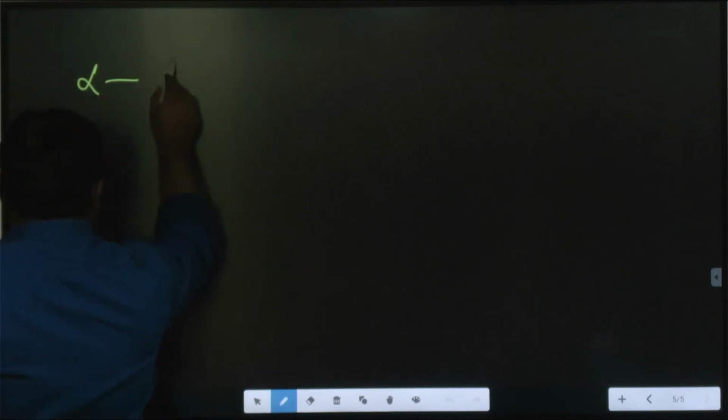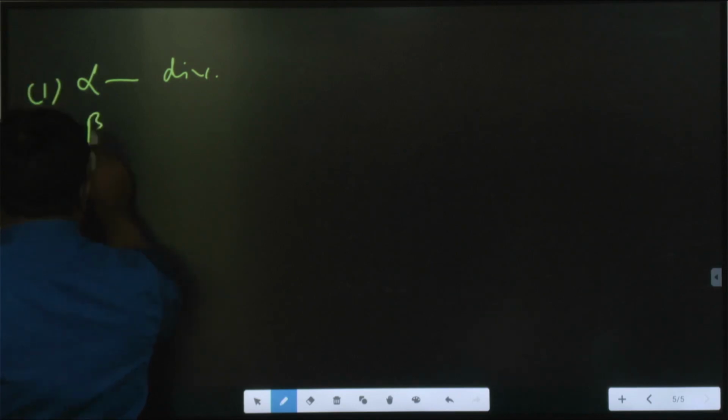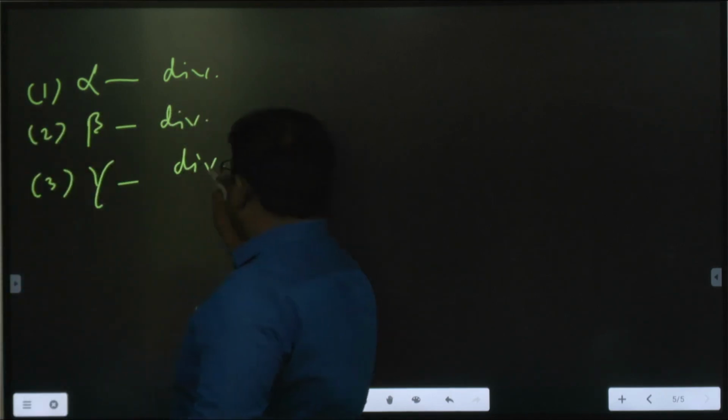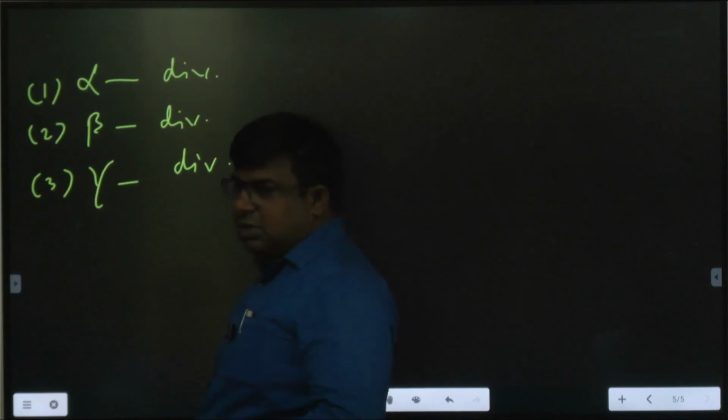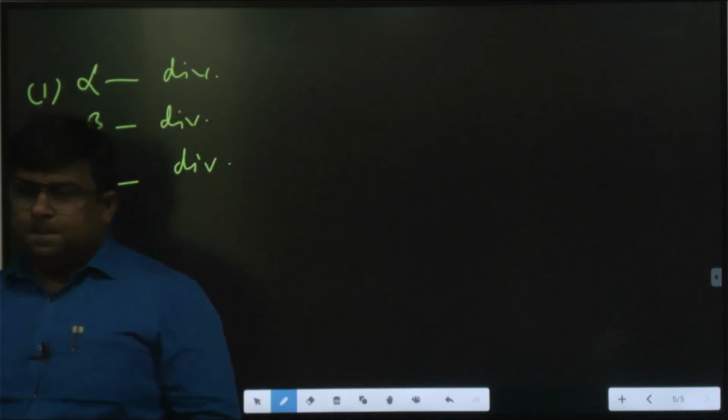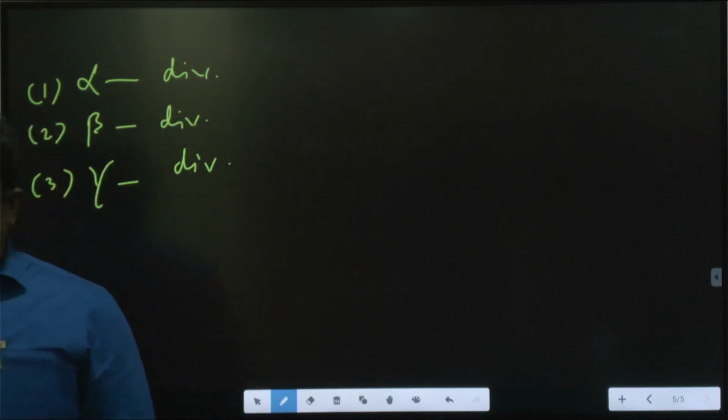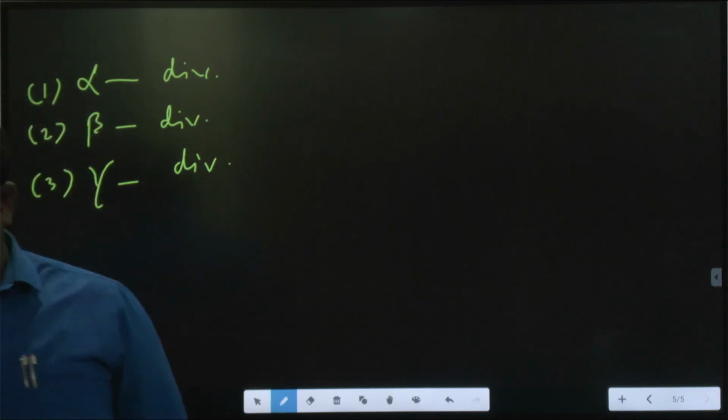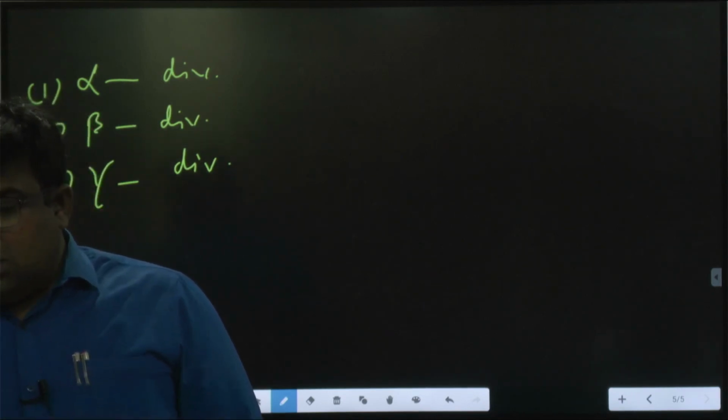Second one is beta diversity. And third one is gamma diversity. Alpha, beta and gamma diversity. Now what is alpha diversity? You should write down. Alpha diversity, write down.